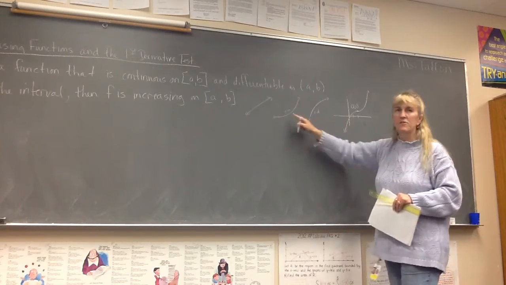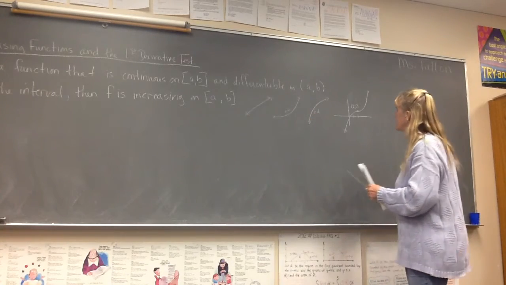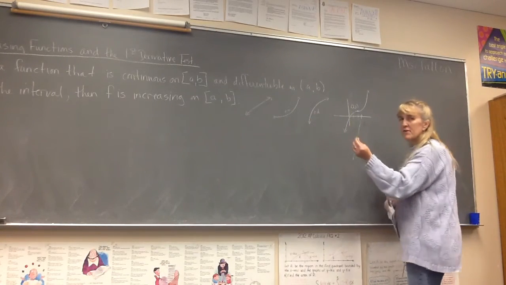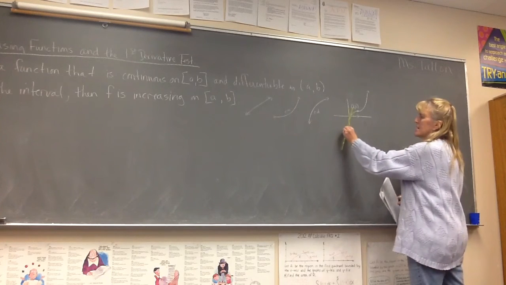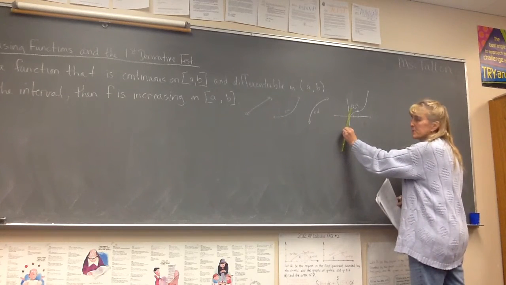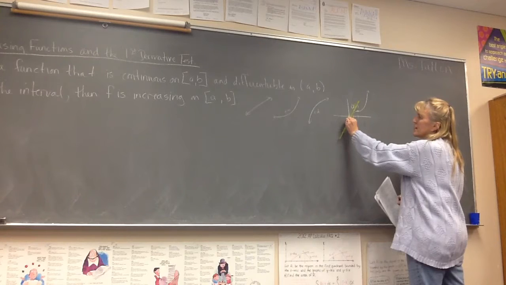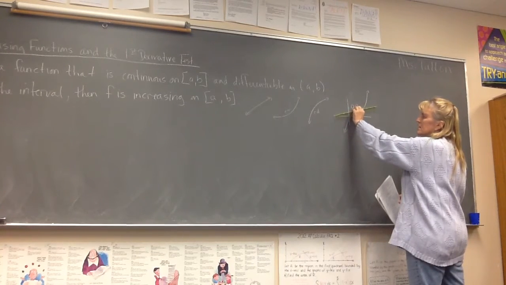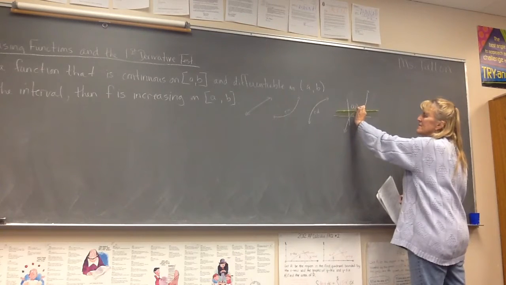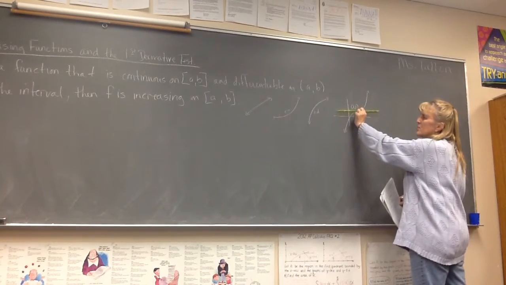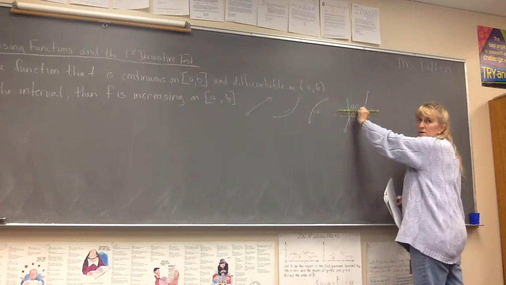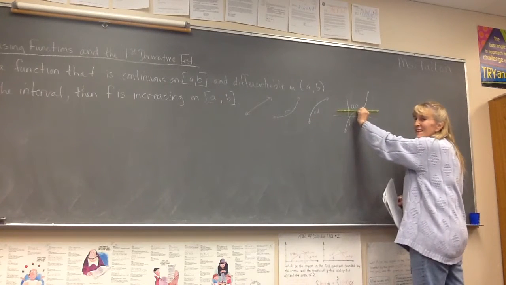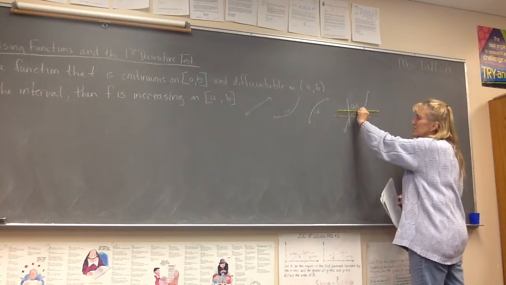I'm going to merge these two together. And I want you to see what's happening as I trace my function with my tangent line. I have a positive, very steep slope. It's still positive, but the slope is decreasing. Do you see? When I get right here, my instantaneous rate of change at the point 2, 1 should be 0. That means the slope of the tangent line right there at 2, 1 equals 0.